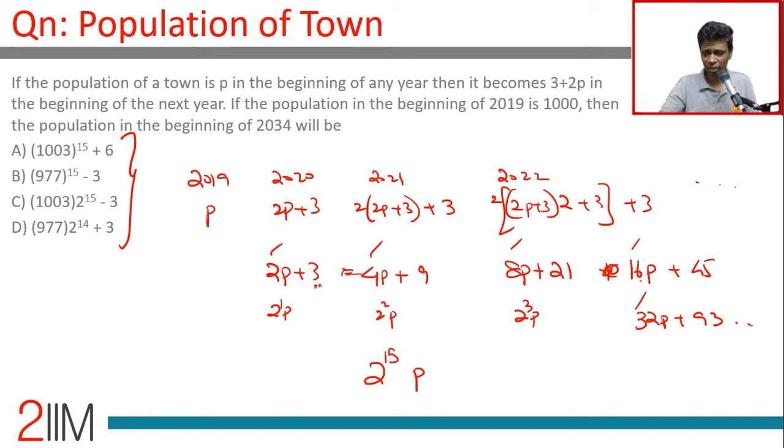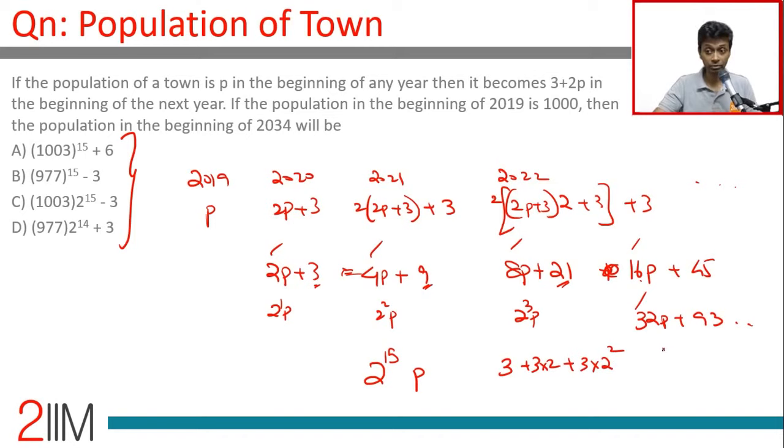Next part, this is 3. It becomes 9. Why 9? 3 into 2 plus 3. Now, what does it become in the next step? It becomes 3 into 2 into 2 plus 3 into 2 plus 3. Think about this 21. How does it come about? That is 3 plus 3 into 2 plus 3 into 2 square.